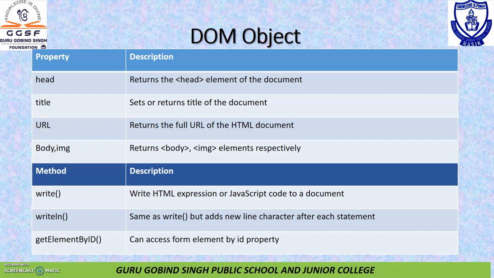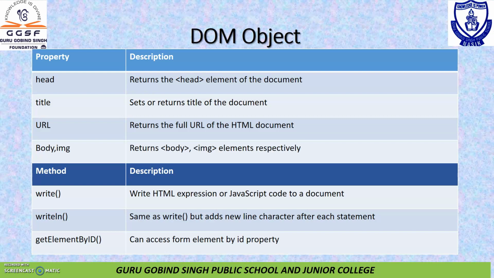So every object has properties and methods. So what are the different properties of the document object? Head, title, URL, body, img. We can have the head property to return the head element of the document. We know that the head tag is there in an HTML document, so we will return its content by the head property.